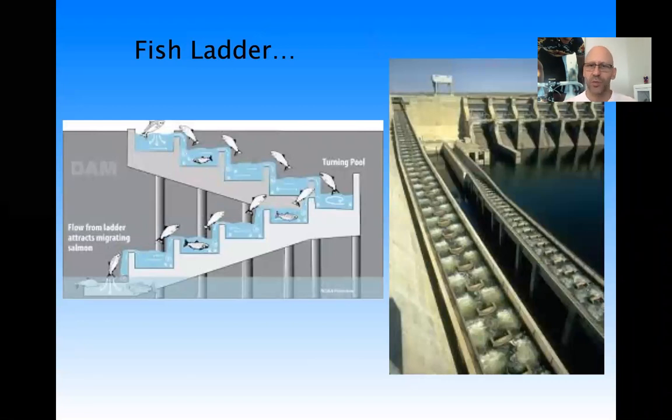So I want to mention this one in particular because this is a common ecological concept that's brought up. When you change the ecology, one of the things that you impact is spawning of the salmon, and you see this in the Pacific Northwest very commonly.